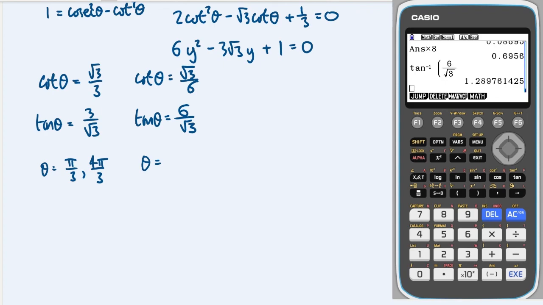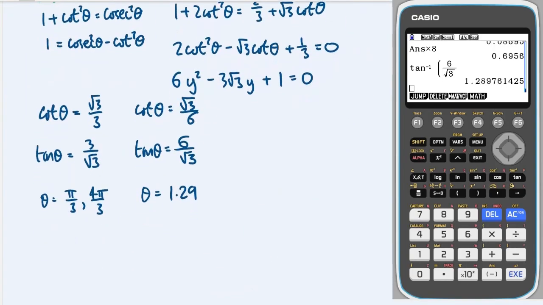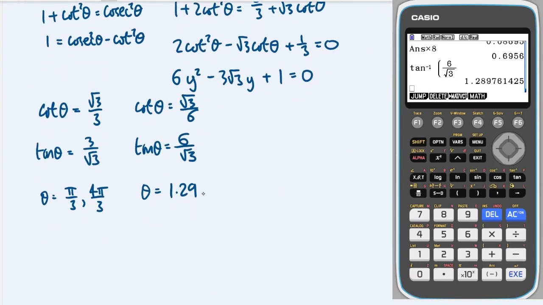We will just use the decimal there of 1.29. Does it say give it to a degree of accuracy? No, it doesn't. Okay, fine. And then I'll add pi to that to get my second solution. So I'll add pi, and that will give me 4.43. And we're done.